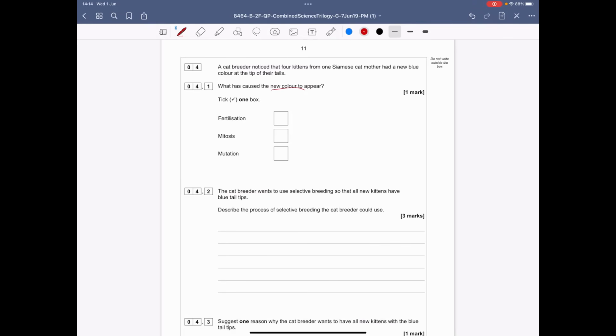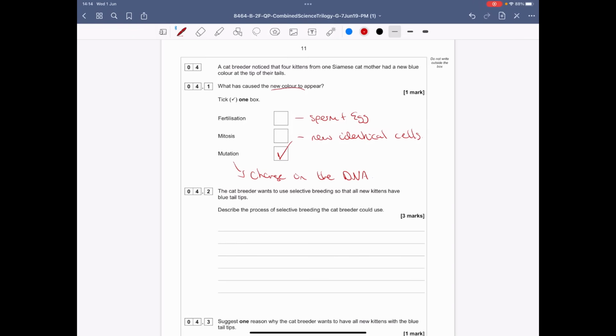Well, fertilisation is when a sperm and egg fuse together, so it's not that. Mitosis is making new identical cells, so it's not that. So it must be a mutation. A mutation is a change in the DNA. Sometimes it leads to a new feature, or actually most of the time, it doesn't do anything.